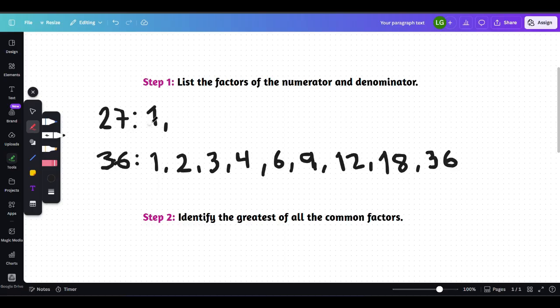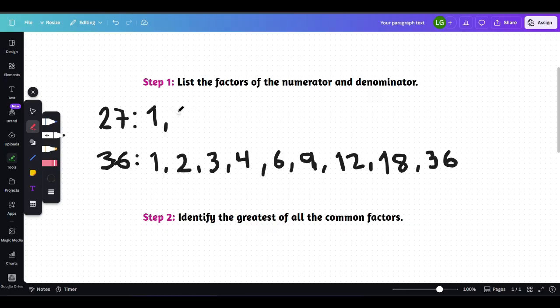So 2 is not a factor of 27, but if we add the digits 2 plus 7, that number is 9. And we know that 9 can be divided by 3. So that means that 27 can be divided by 3. This is one of the divisibility rules.